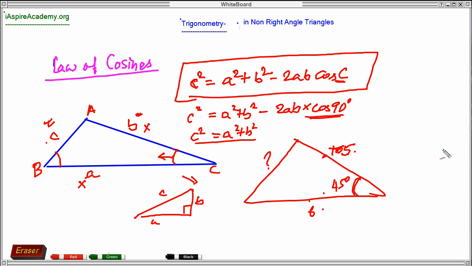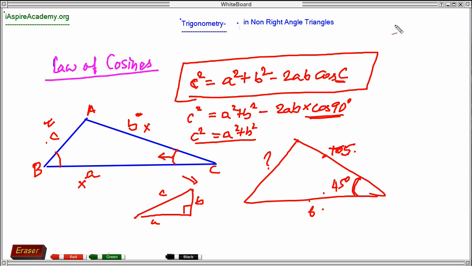So I think those are the other two laws in trigonometry, but most of the time you will be using the other rules which you have learned before, which are associated with sine theta, cos theta, and right angle triangles.